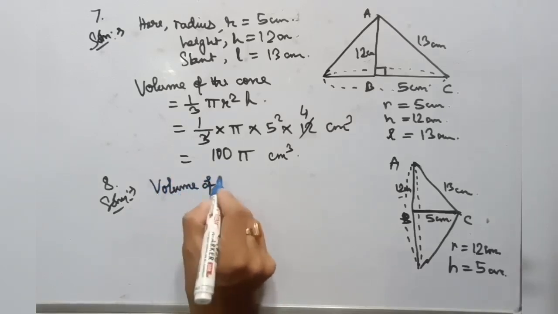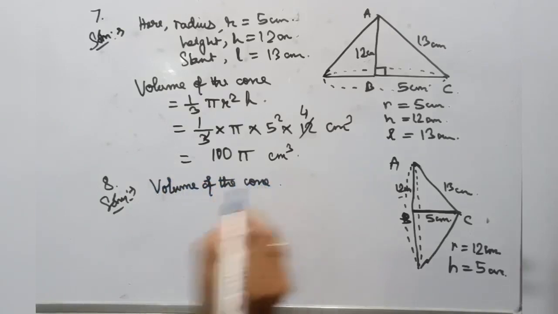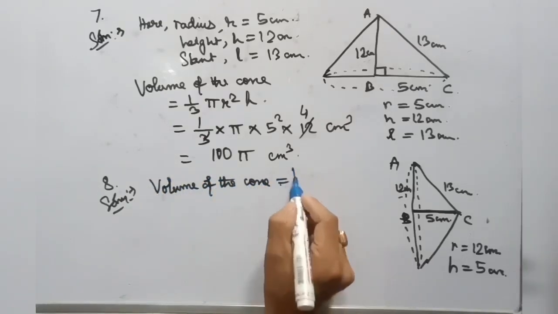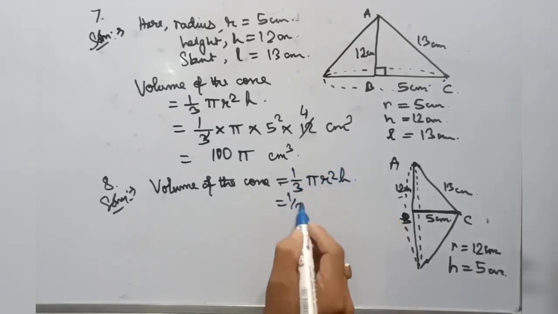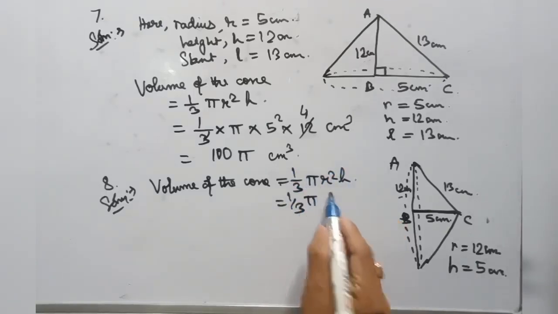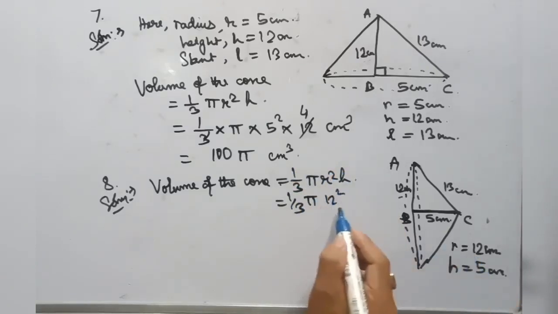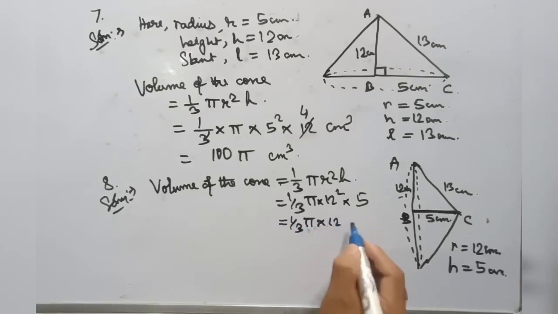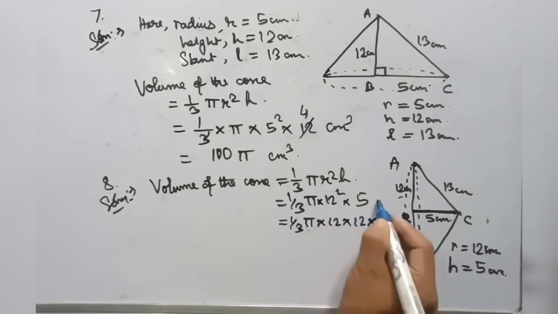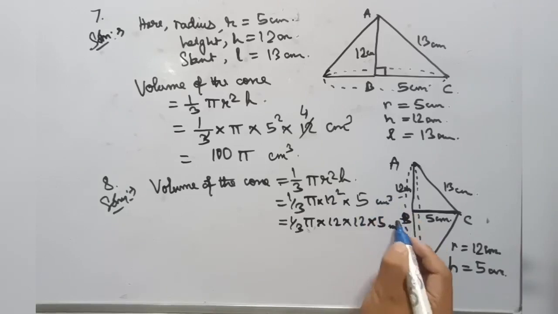Volume of the cone for question number 8 will be equal to 1 by 3 pi r square h, equal to 1 by 3 pi, r is 12 square and the value of h is 5. So this will be equal to 1 by 3 pi into 12 into 12 into 5. This is centimeter cube.